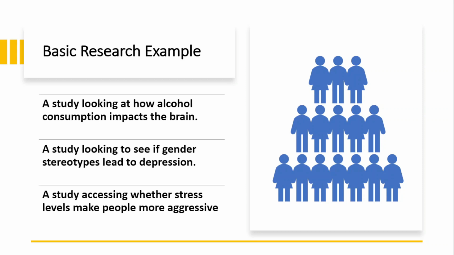A study assessing whether stress levels make people more aggressive is also a basic research example. So basic research has the main objective of gaining more insight, and the main focus of the researcher is always to add to the knowledge in the existing base he has already developed.